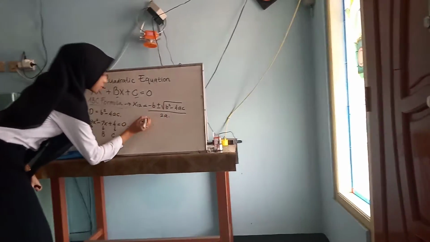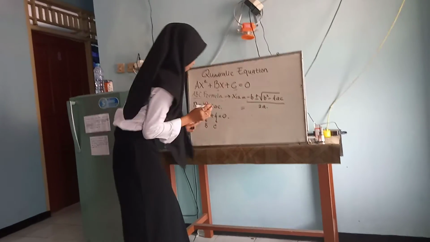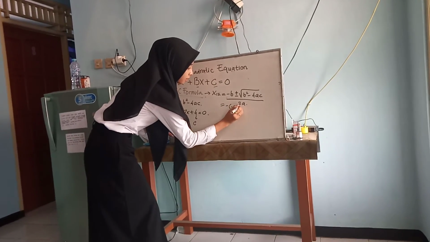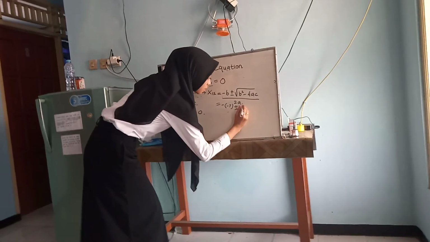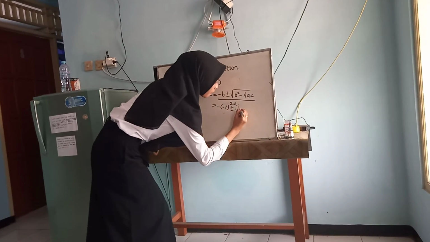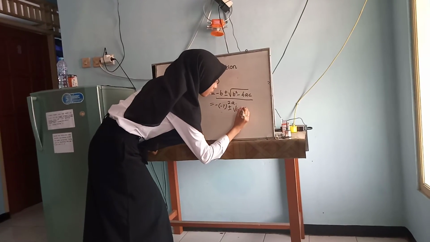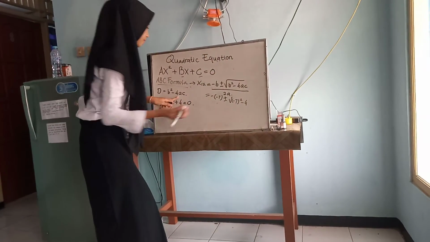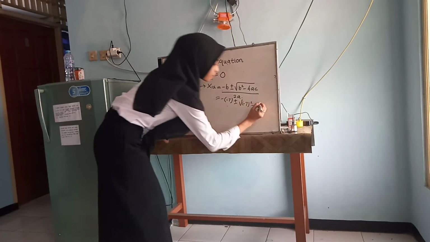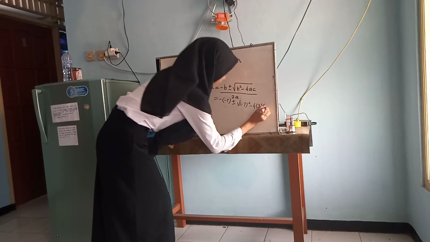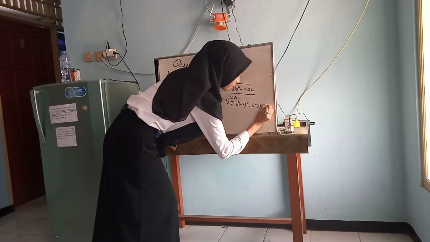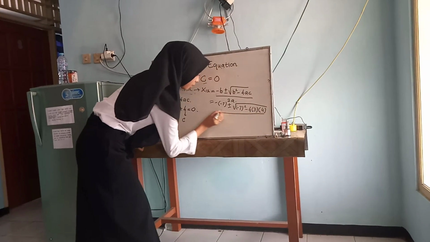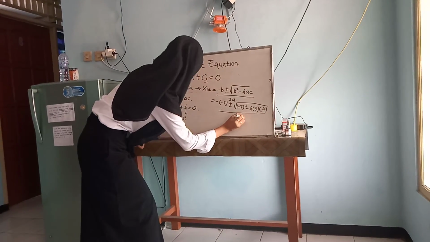So we can do this by minus B. We get minus minus 7, plus or minus the square root of minus 7 squared minus 4 times A, which is 3, times C, which is 4, divided by 2 times 3.